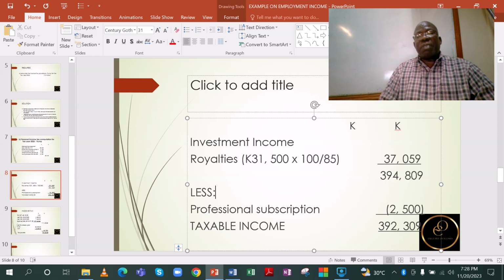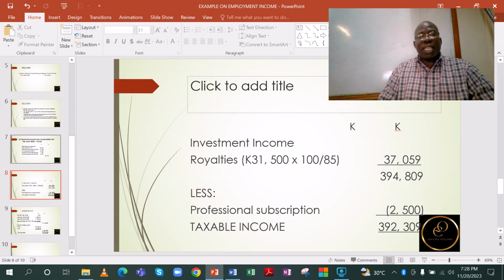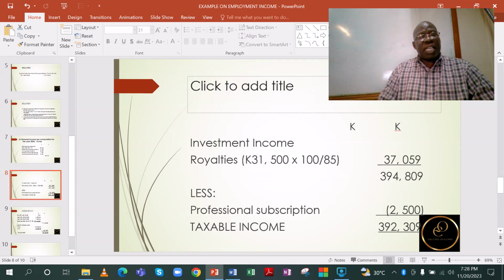So to get 100%, that is the figure before deduction of withholding tax, you multiply 31,500 times 100 divided by 85. So you are going to get 37,059. If you add it to 357,750, you are going to end up with a total of 394,809.